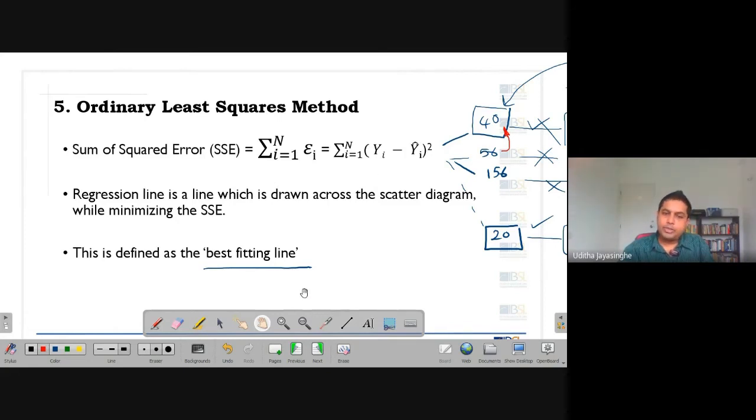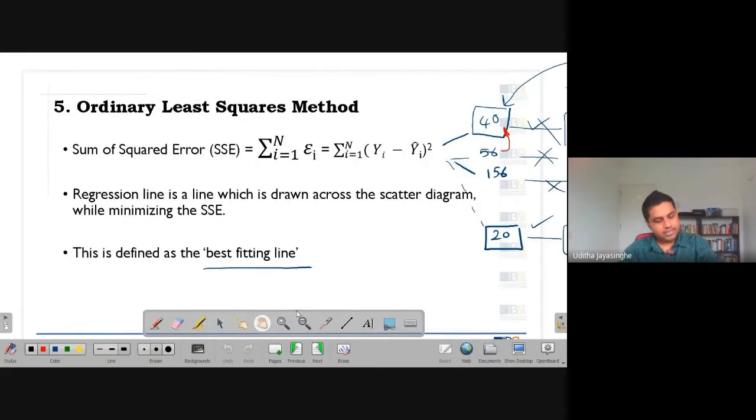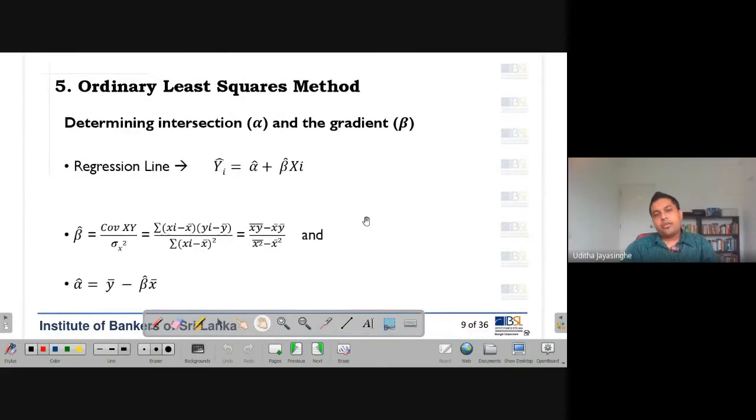Once we identify this line, we call it the best fitting line. It's not the exact line, but the best fitting line. I think this is where we stopped last week in class, and the continuation is going to be from here. Okay. Fine.